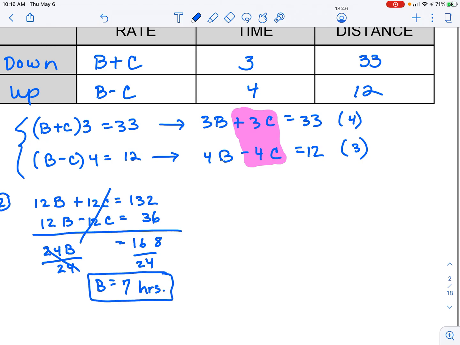Anyway, it's good to process it in case we didn't have both the times, but I'm looking up here at the times, and we know that they traveled 7 hours total. So I could have just used that in one of those formulas to figure out the current's rate, because that's what we're trying to figure out.